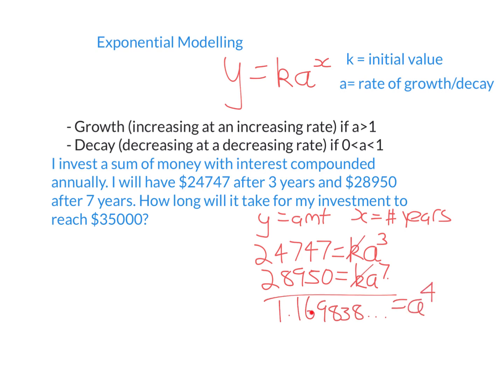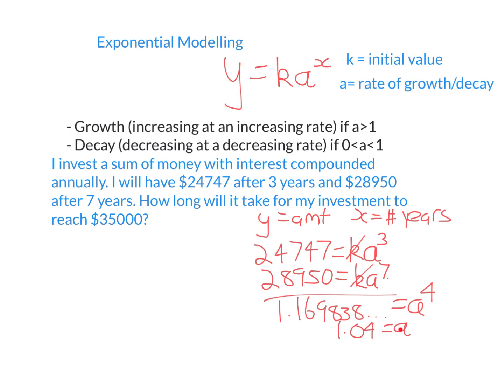To solve this equation, I take the fourth root of each side. The fourth root of this number gives me almost exactly 1.04. So 1.04 means that it's increasing by 4% each year.